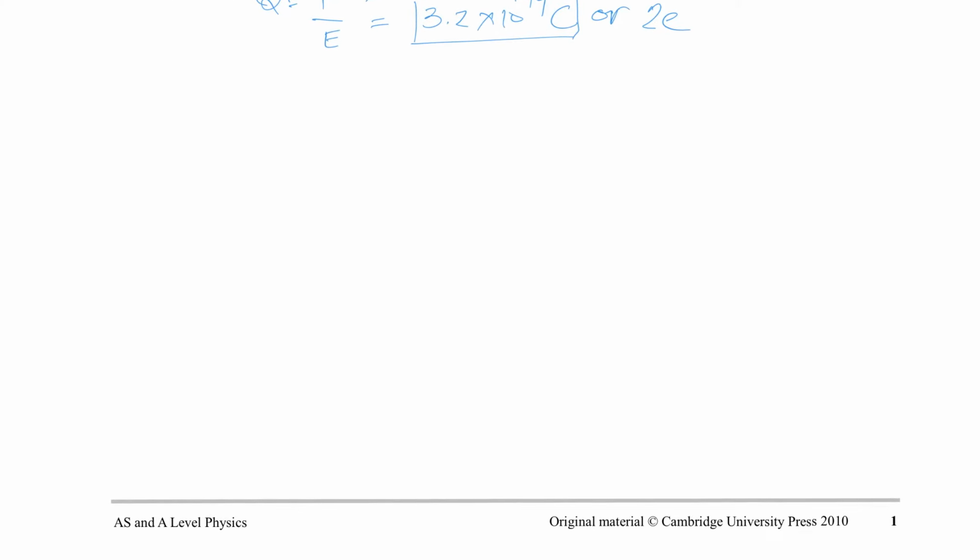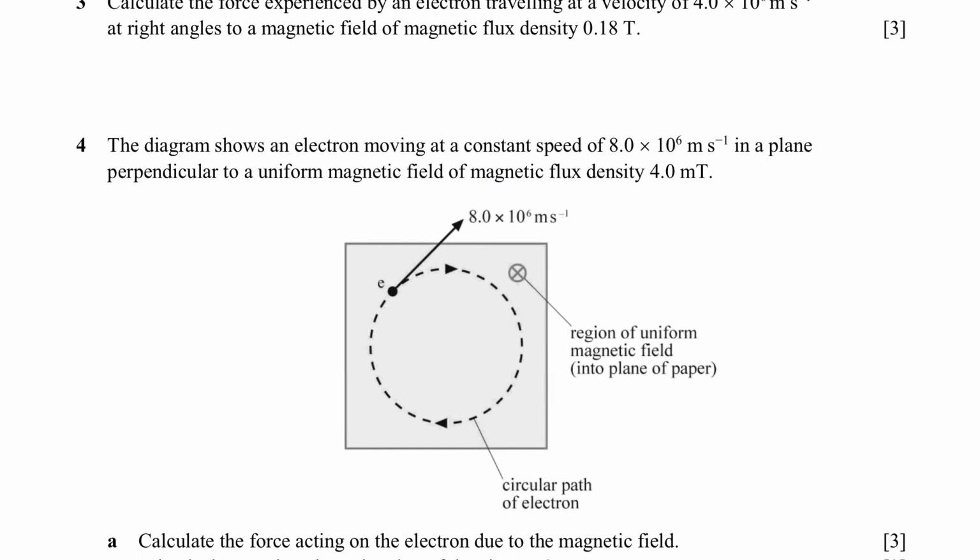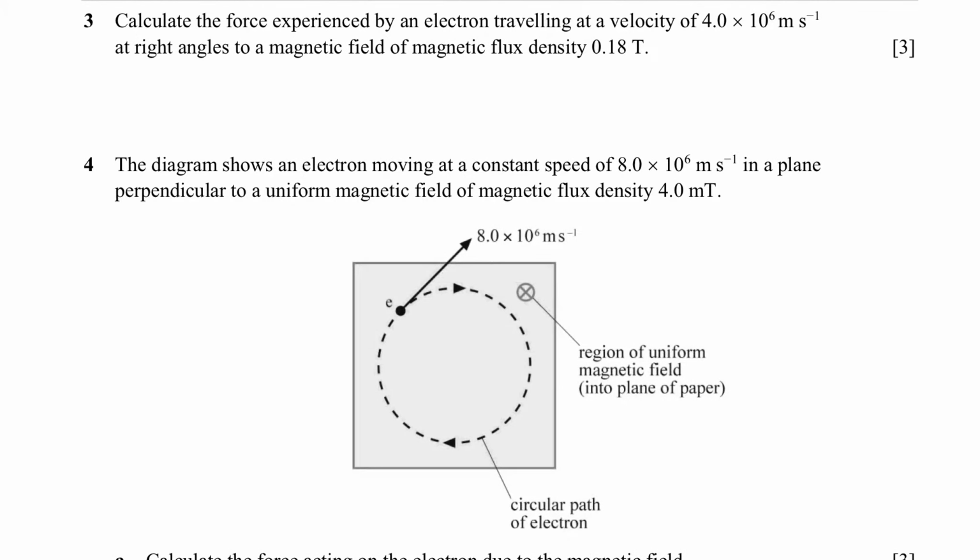Let's go to number 3. Calculate the force experienced by an electron traveling at the velocity. You have your velocity and the magnetic flux density. This is your B. And the charge of the electron e is 1.6 times 10 to the negative 19 coulomb.